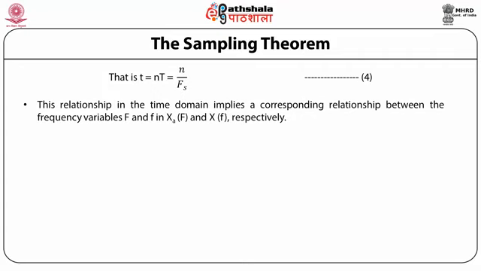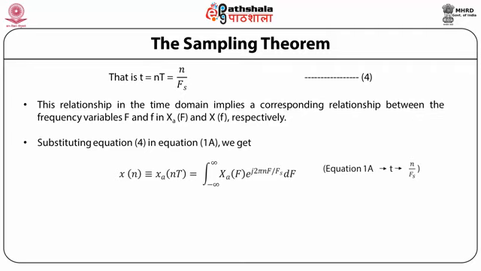So this relationship in the time domain implies a corresponding relationship between the frequency variables F and f in X_a(F) and X(f) respectively. So substituting this equation 4 in equation 1a, we get x(n) equal to x_a(nT) equal to integral minus infinity to infinity X_a(F) multiplied by exponential j2 pi nF by Fs dF.